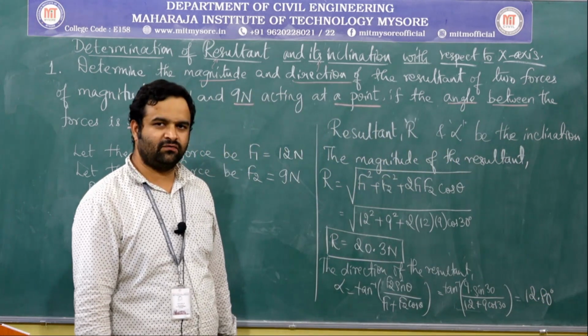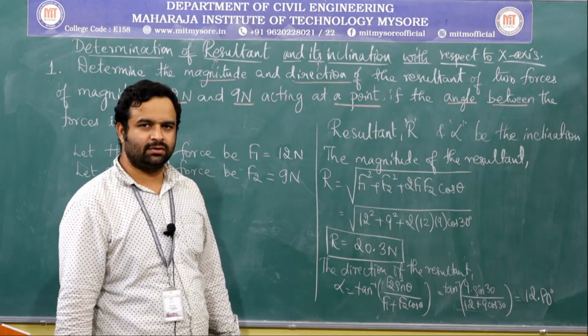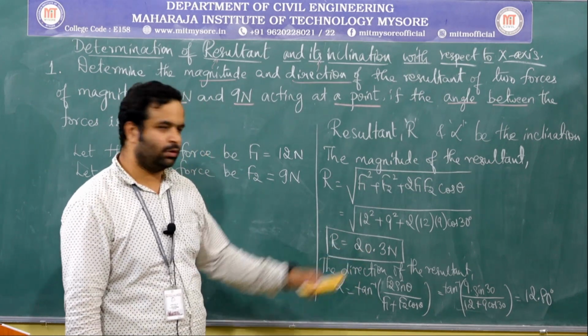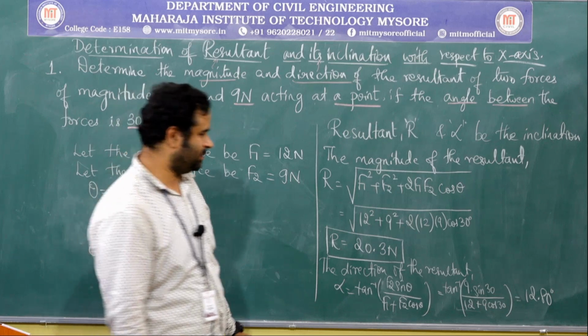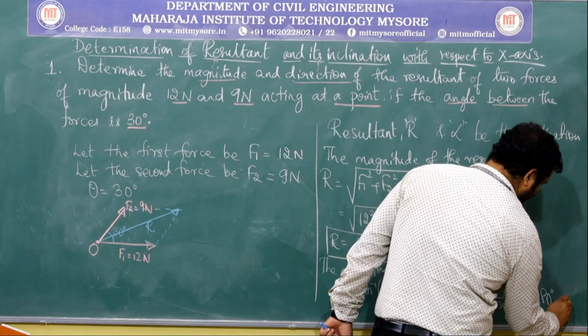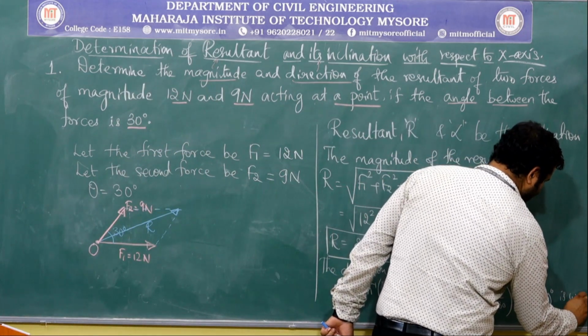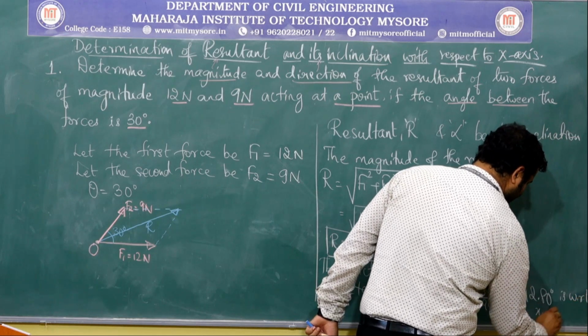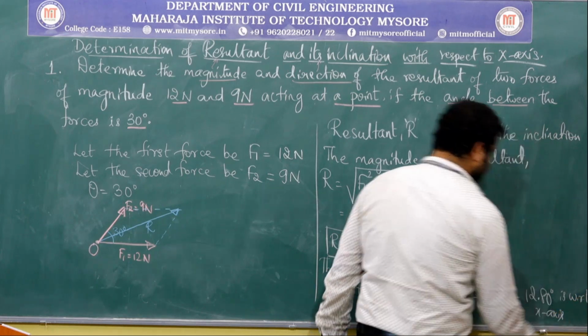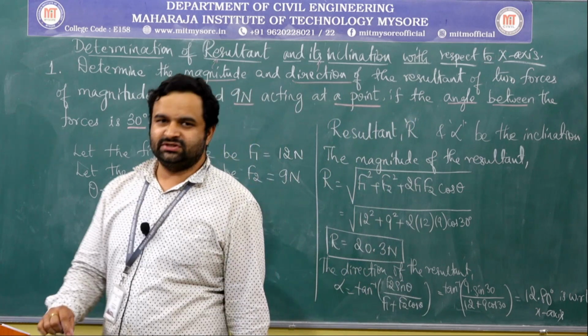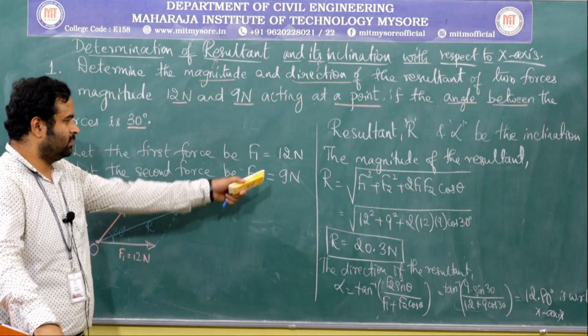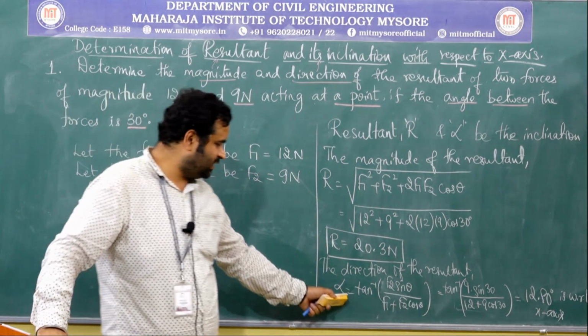So, the direction of the resultant, which is alpha equals to 12.80 degree, is with respect to x axis, or the horizontal. So, this is how you determine the resultant R and its inclination alpha.